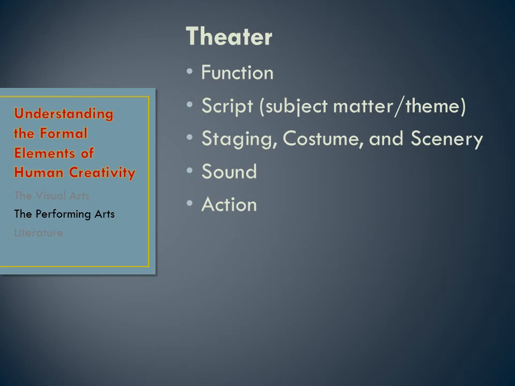The same is true of scenery. Scenery has to do with the background, with the props or the objects that are used on stage, furniture. Sometimes the scenery is painted on the background. Sometimes it's a set that is constructed out of wood and fabric to create the place where the story is taking place. Very important in theater is sound.